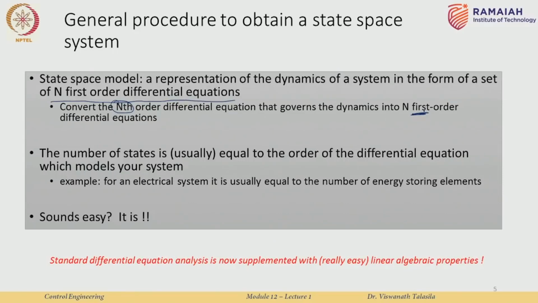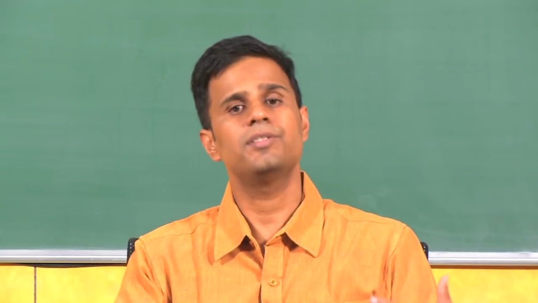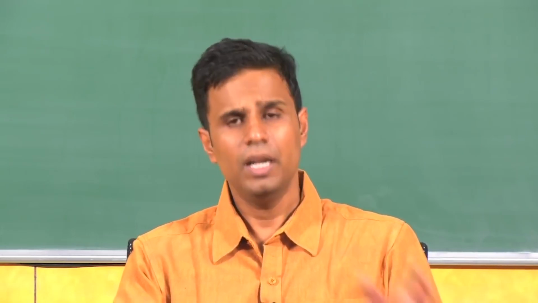How many states we choose is determined, in one of the easiest ways, by the order of the differential equation used to model the system. For example, for an RLC circuit we need only 2 states, because the governing differential equation is second order. There is also a different way to decide how many states we need.